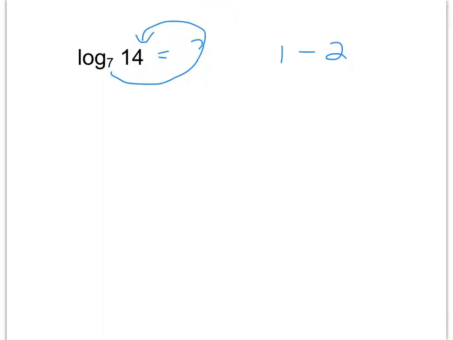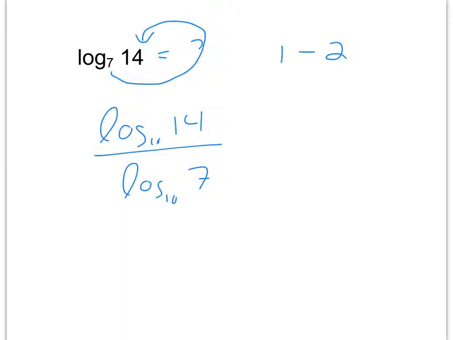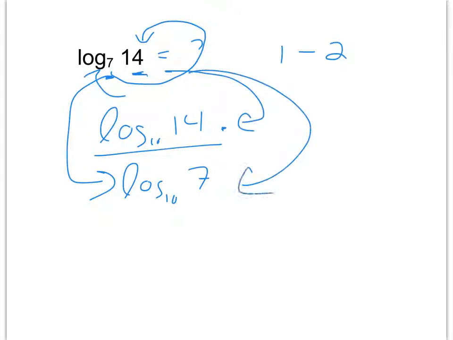But we're going to use our change of base rule, and we're going to do log 14 over log 7, where for my base b, for both of these, I'll just use a common log because I have that button on my calc. Notice now 14 is on the top, and the 7, the one that's lower down, is on the bottom. So log base 7 of 14 becomes log 14 over log 7.